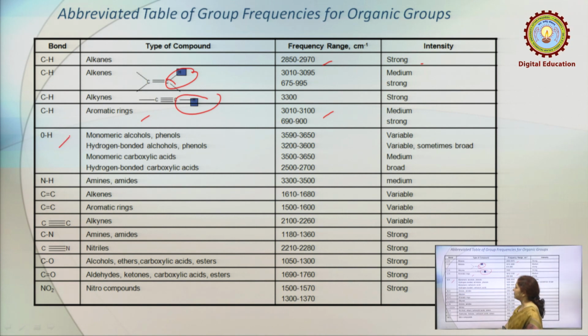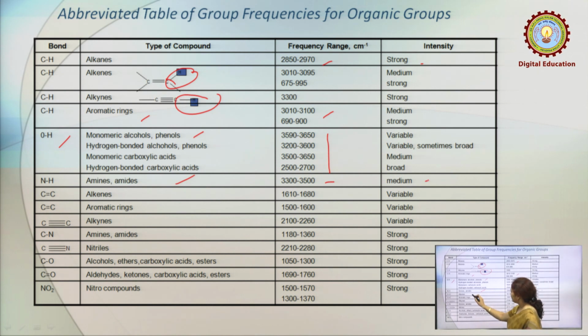OH, either in monomeric alcohols, in phenols, hydrogen bonded alcohols, carboxylic acid, hydrogen bonded carboxylic acid. These are the frequency ranges which we have to remember. For amines, the range is 3300 to 3500, medium.